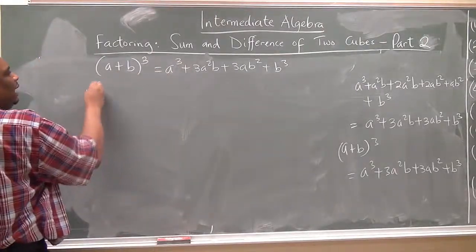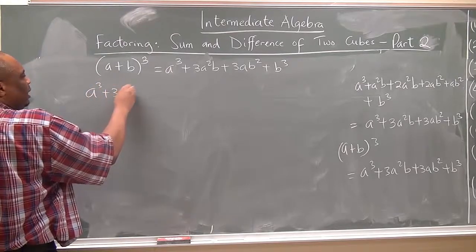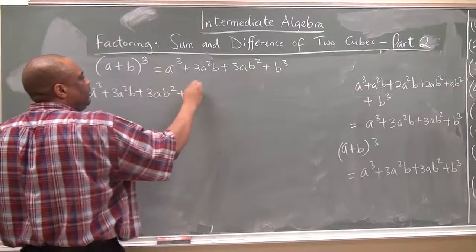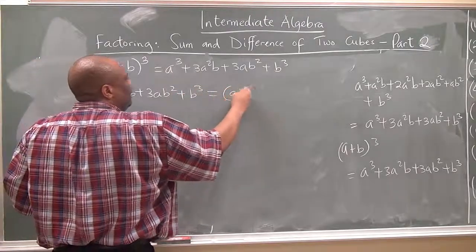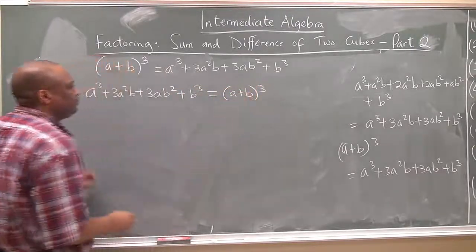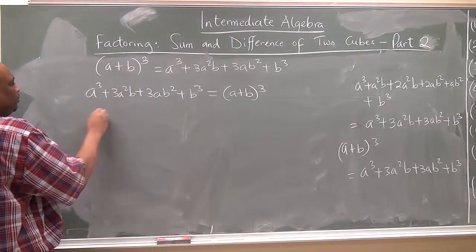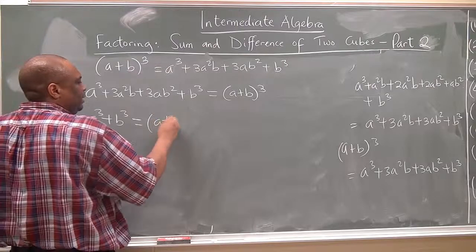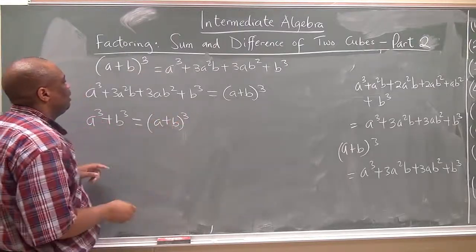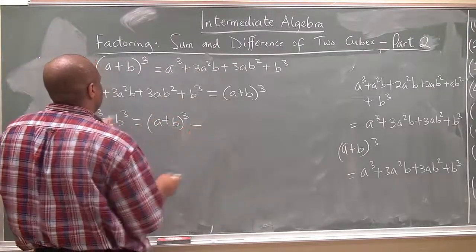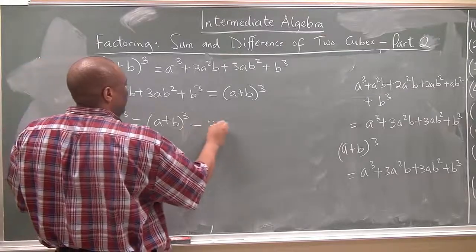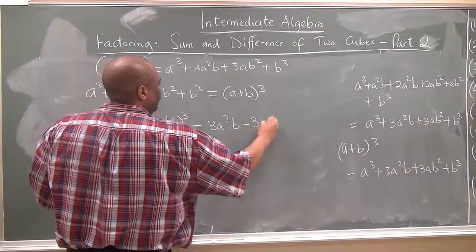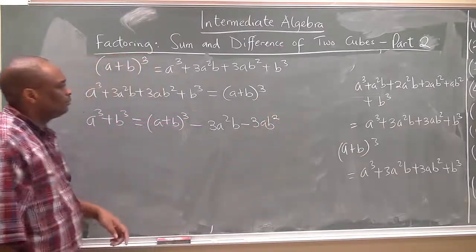So this is now a cubed plus 3a squared b plus 3ab squared plus b cubed is (a plus b) all cubed. So a cubed plus b cubed will be (a plus b) all cubed minus 3a squared b minus 3ab squared.